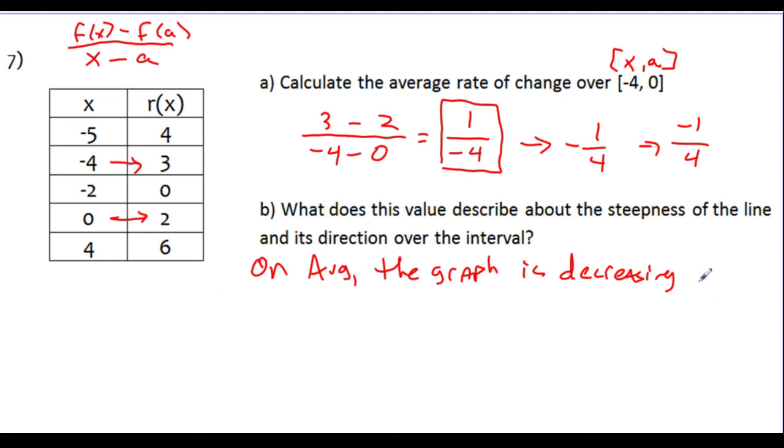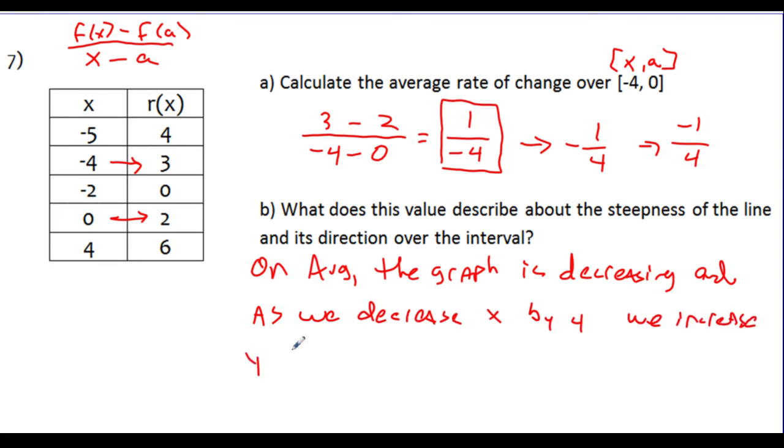And as we change, the bottom of the fraction represented x, so as we change x by 4, as we decrease, -4 would mean a decrease of 4, as we decrease x by 4, we increase y by 1.